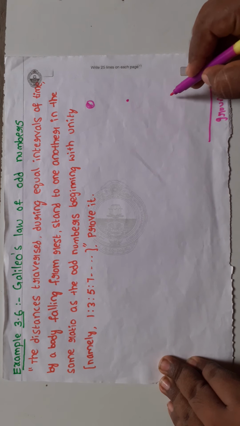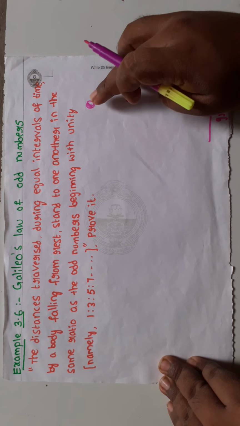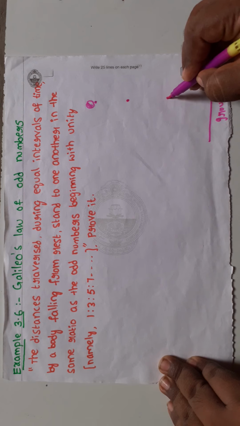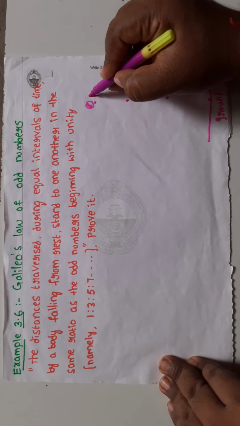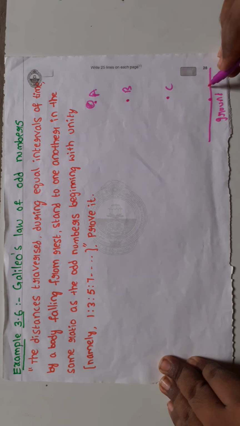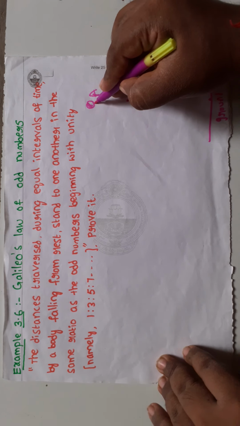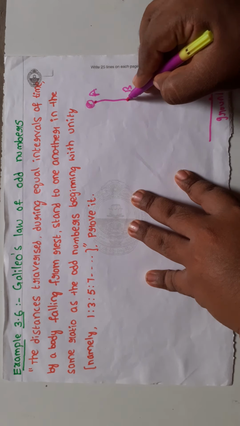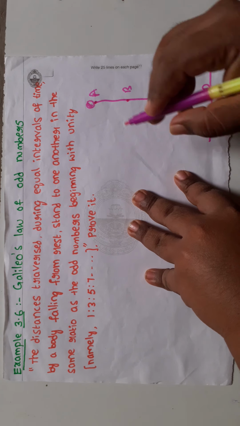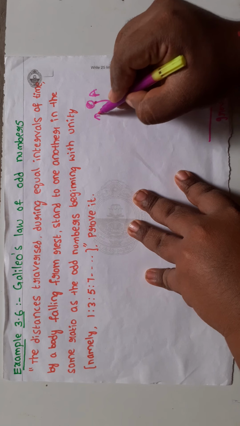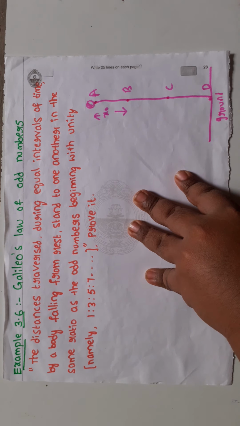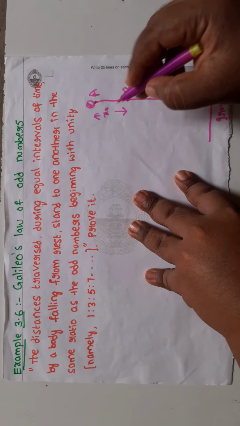I am considering 4 positions, 4 points in the motion: A, B, C, D. D is on the ground. So the A to B distance is x naught.